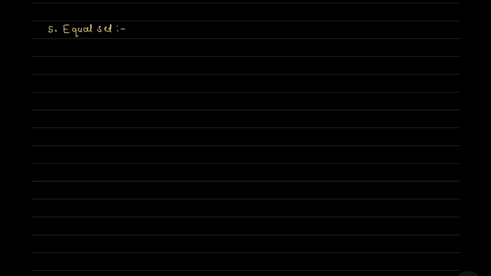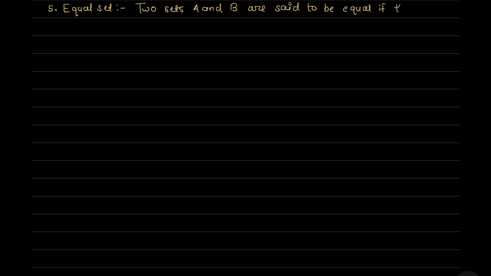Its definition is as follows. Suppose you have two sets, A and B. Two sets A and B are said to be equal if they have the same elements in them.